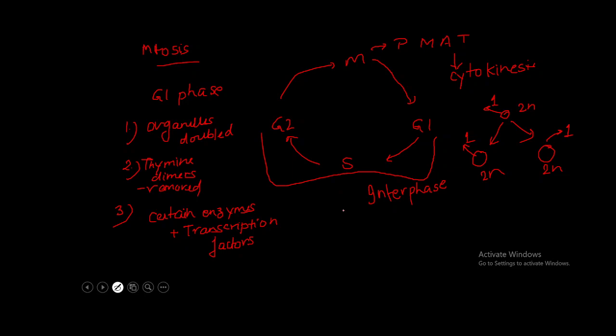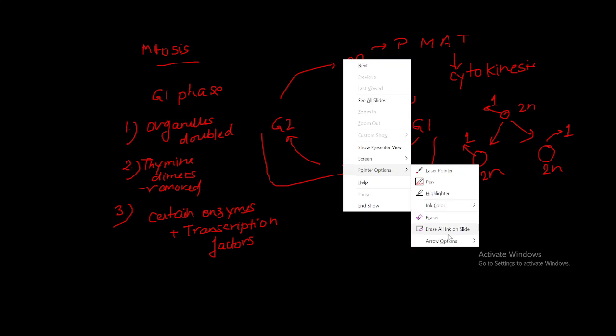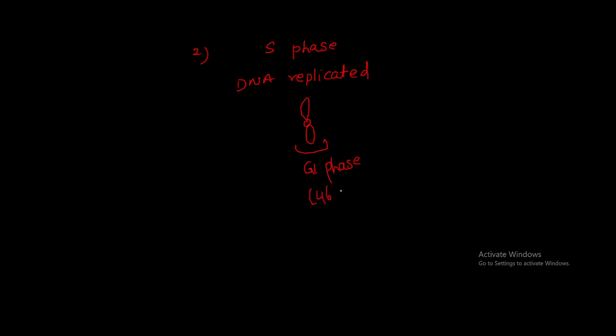What happened in the S phase now? In the S phase, DNA is going to be replicated. So here you can see, suppose this is your G1 phase, and in the G1 phase you have 46 chromosomes.